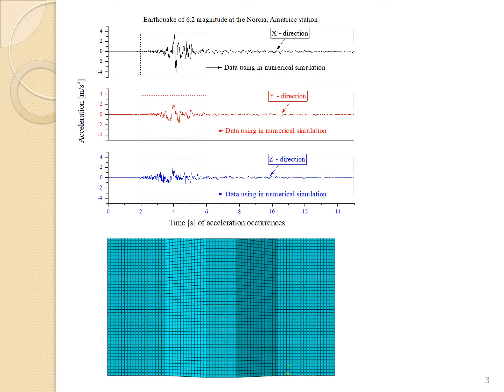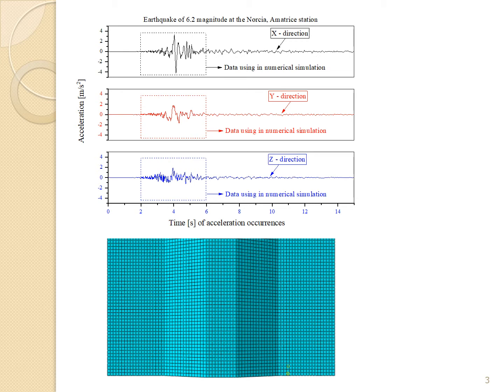What kind of seismic load is applied to the model? The seismic load is shown in this picture. We have an earthquake of 6.2 magnitude here, and data is collected from the earthquake station. From 2 to 6 seconds is the critical part of this seismic loading. This part is applied to the model in the nonlinear numerical simulation analysis.